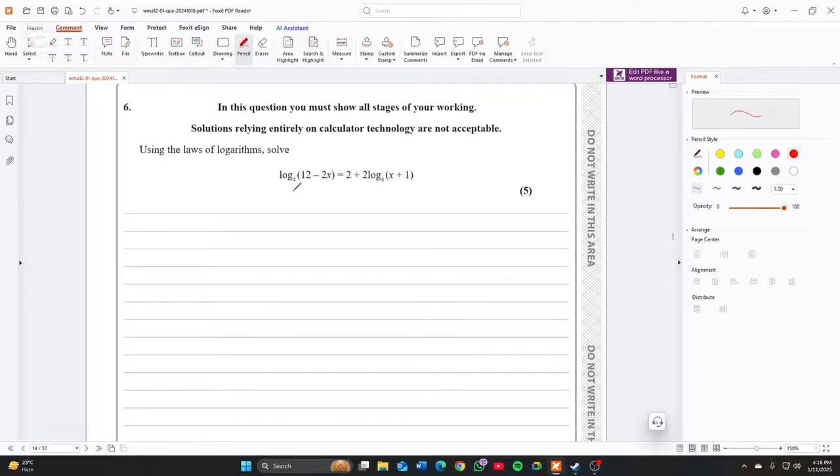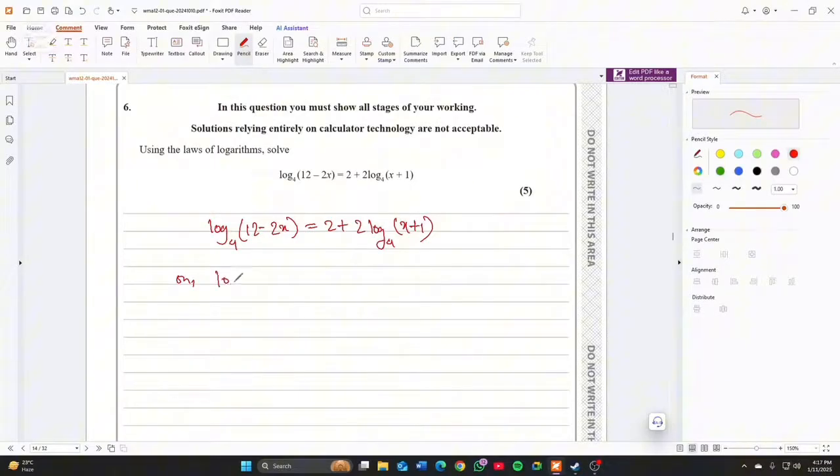Next, for question C, using the laws of logarithm, solve this. So here we have given log 4 of 12 minus 2x equals 2 plus 2 log 4 of x plus 1. What we can do here, we can just bring the logs at one side.